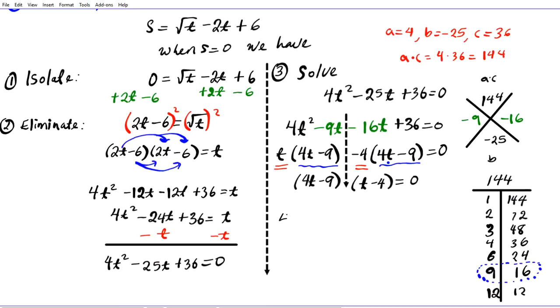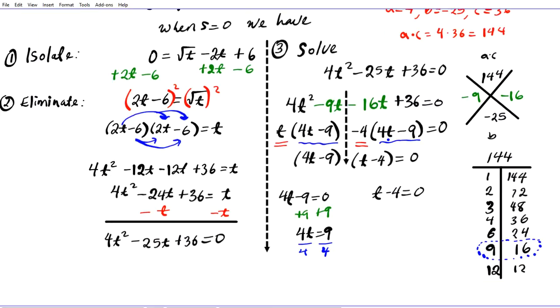Alright, so now we'll proceed to set both factors to 0 and then we solve. For this one we add 9 and divide by 4. So we have 4t equals 9. Divide by 4, and then we have t equals 9 over 4. That's our first potential solution.